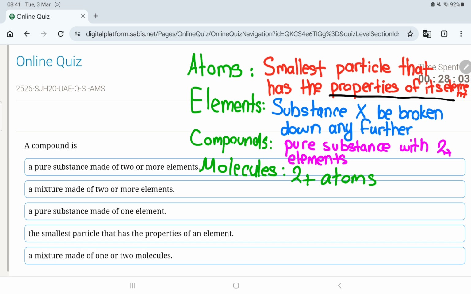Now, an element is a substance that cannot be broken down any further. What does it mean to say that? Let's say here you have H2O. Can you break it down? Yes. Into what? Hydrogen and oxygen.